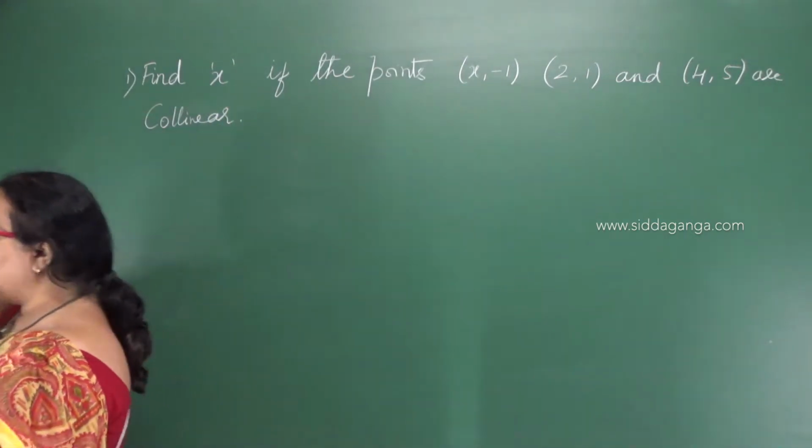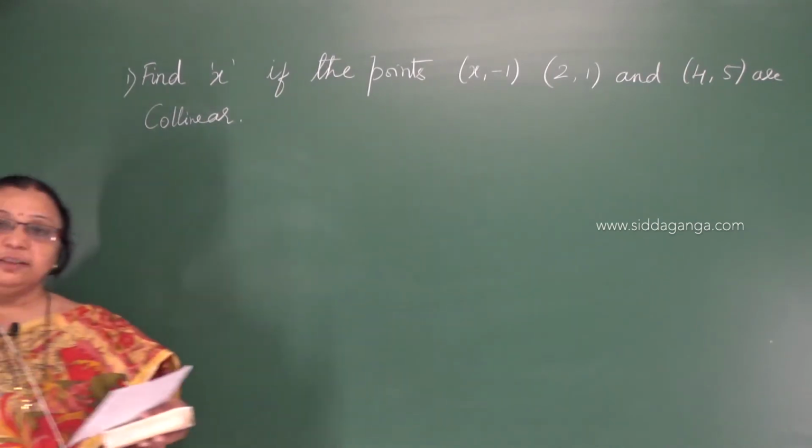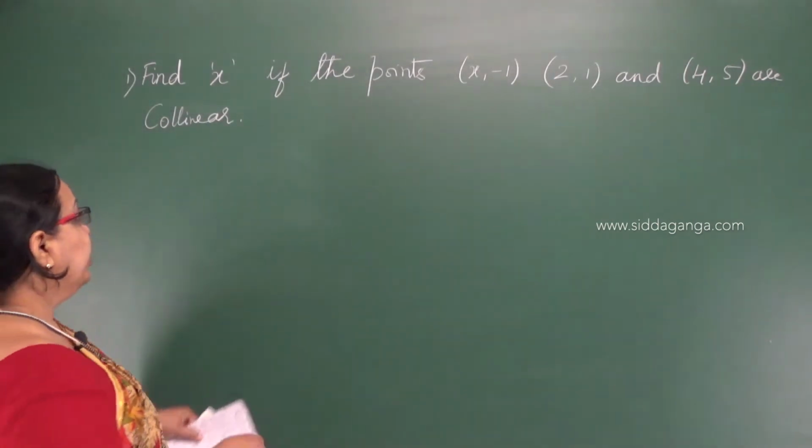So here we have to find the value of x such that the given 3 points are collinear. Now we have to use the slope concept.